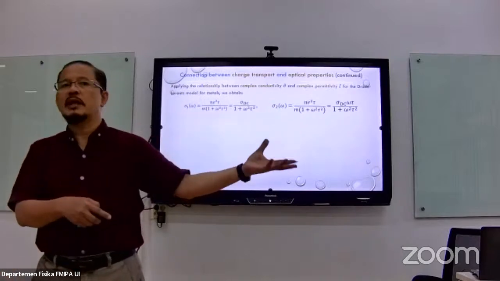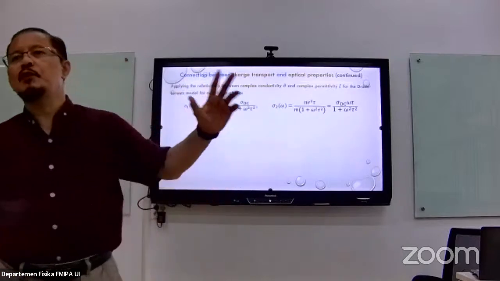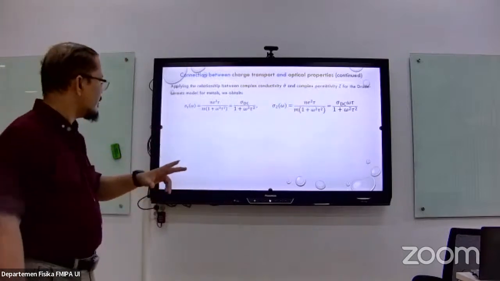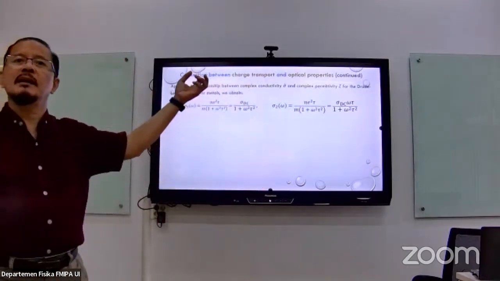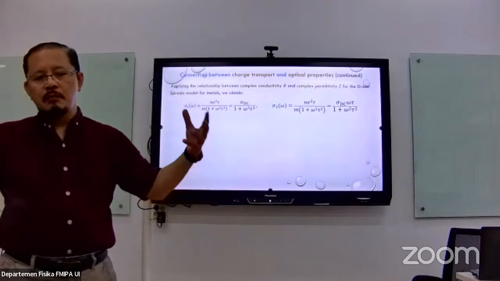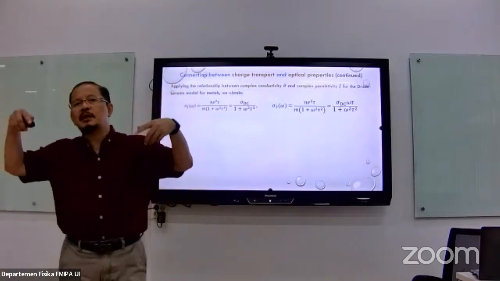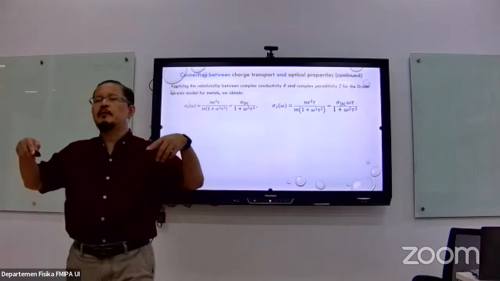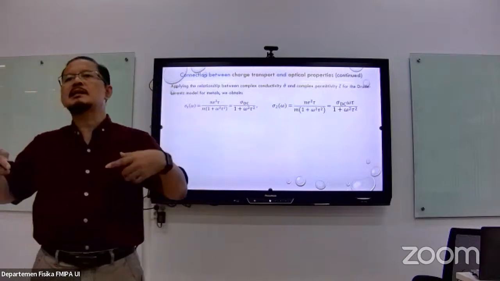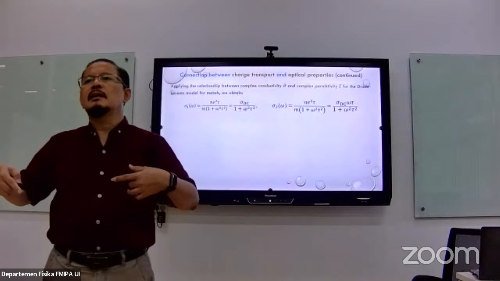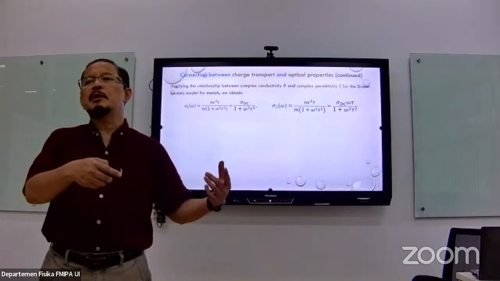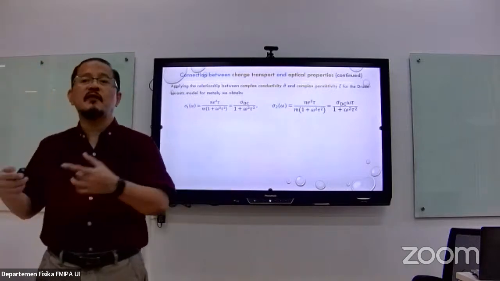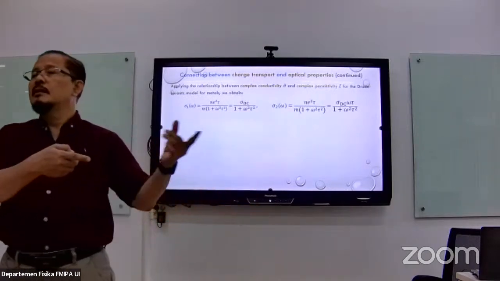There is a way to do so, but we don't have to if we already have the relations between sigma and epsilon. Provided that we stick with the same model, if the model has given us epsilon, then we should be able to extract conductivity from the results of the model.